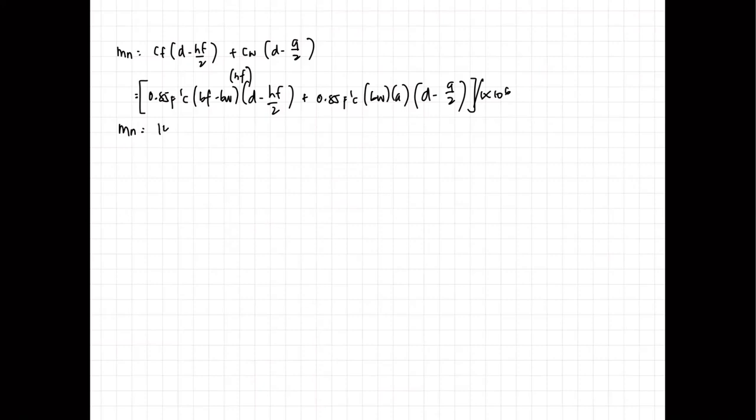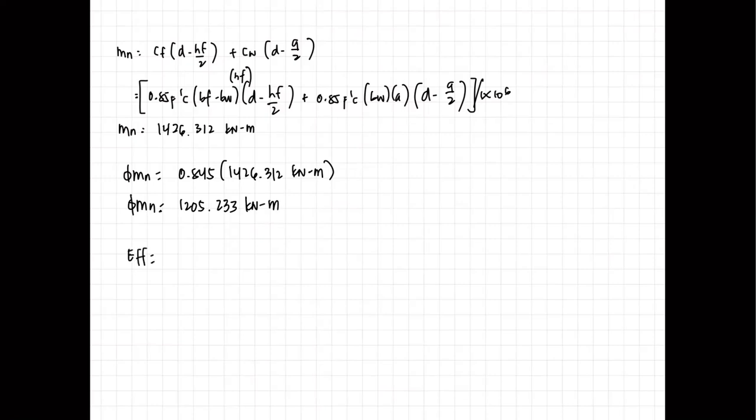So 1426.312 kilonewton meter. So yung phi MN natin, using yung value na 0.845, 1205.233 kilonewton meter.